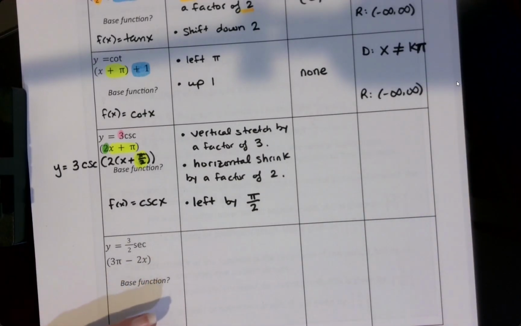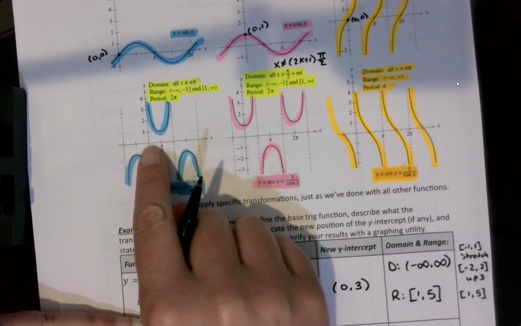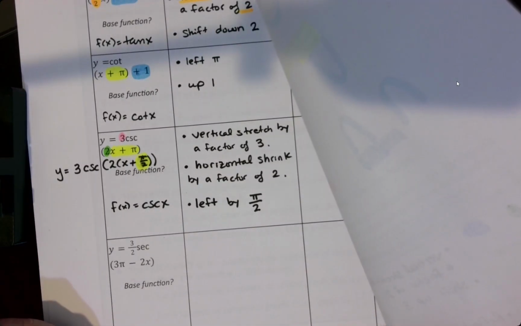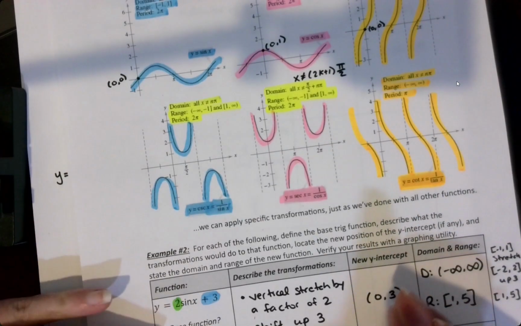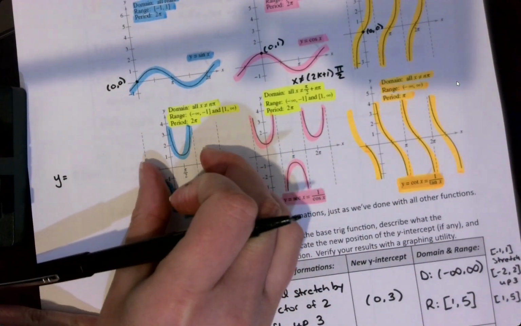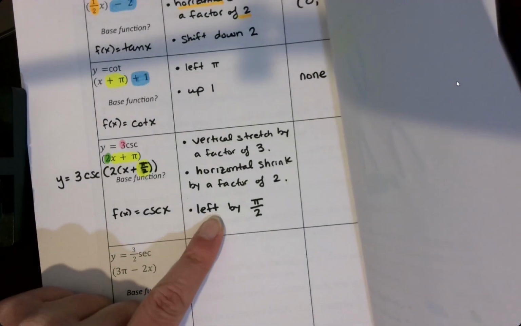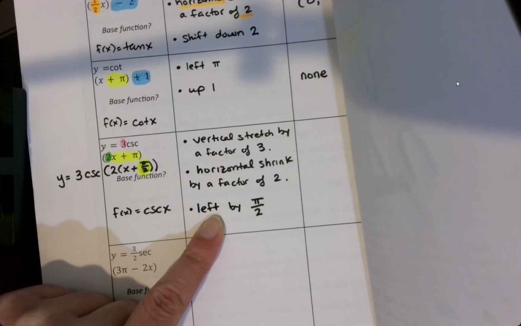Let's take a look at our parent function for cosecant. The cosecant parent function does not have a y-intercept, but we've got some transformations to do. We're going to horizontally shrink this by a factor of 2, which would definitely affect the values here. And we're going to shift it to the left by pi halves. So there's a good chance that we will have an intercept when we're done.